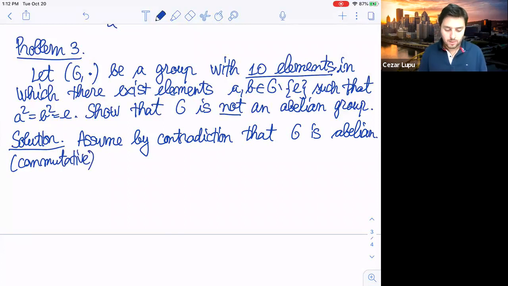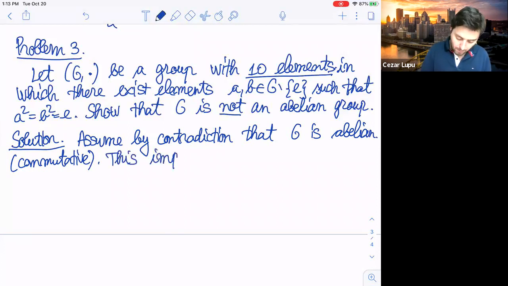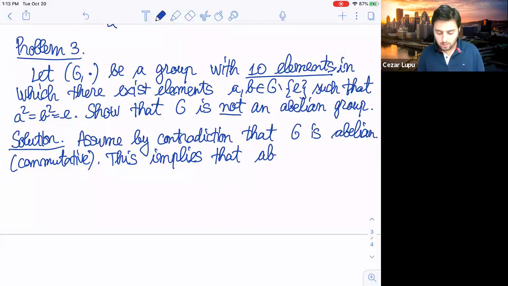All right? So I want you to look very carefully here. This implies that if I take 2 elements, let's say A, B, and I know that A and B are not the identity, so this will be different. First of all, it will not belong to this set, the identity, right? What else? It cannot be A, because otherwise B will be the identity. It cannot be B, otherwise A will be the identity. We know that.